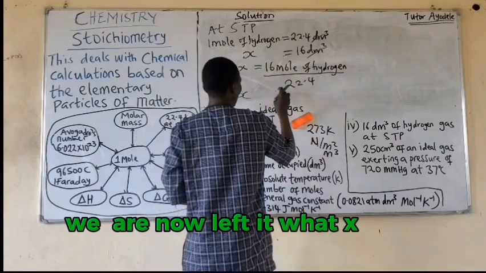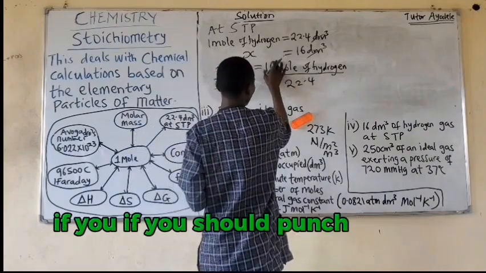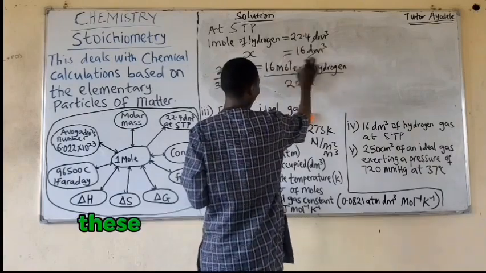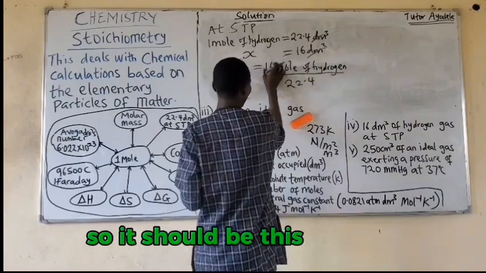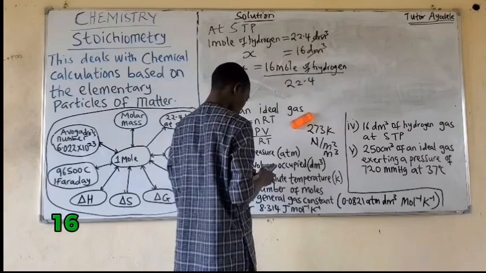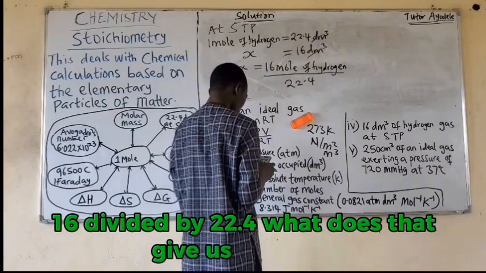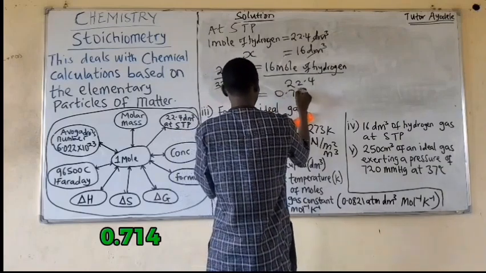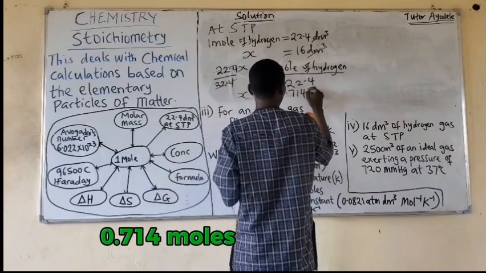X. Now, our x is equal to, if you punch this in your calculator, you cannot divide out variables; you can't say variable divided by this. So it will be this number divided by this: 16 divided by 22.4. What does that give us? It gives us 0.714 moles of what?